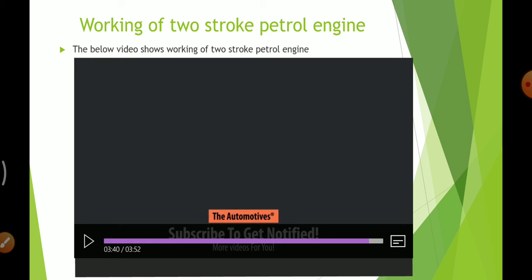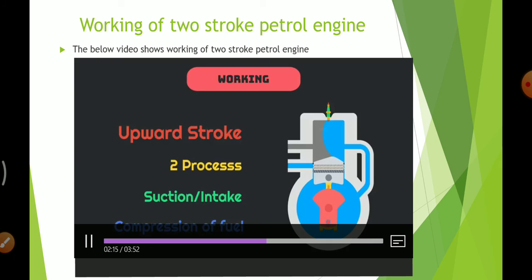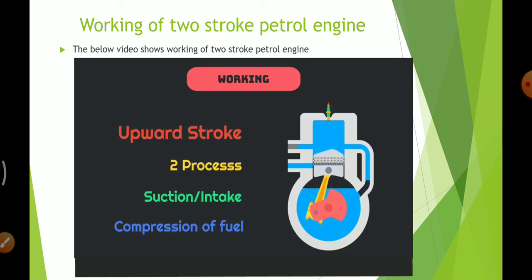With respect to the diesel engine, the working remains the same, but instead of a spark plug there is a fuel injector which injects the fuel in small tiny particles into the cylinder.